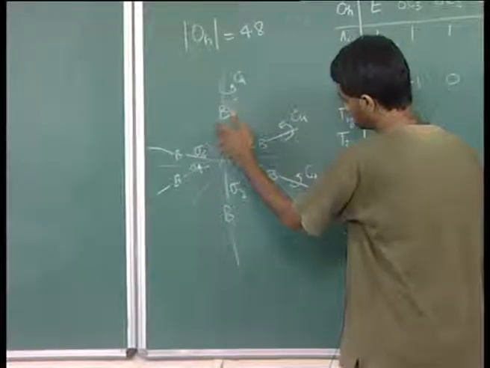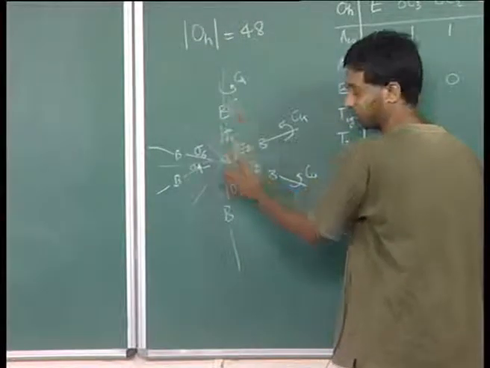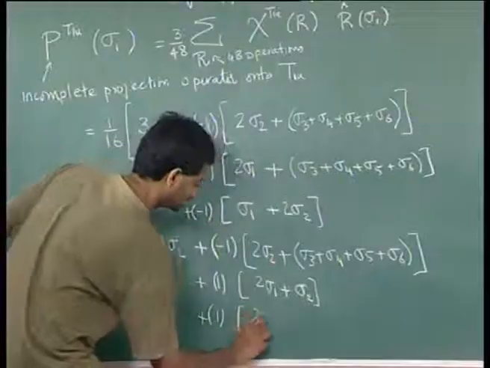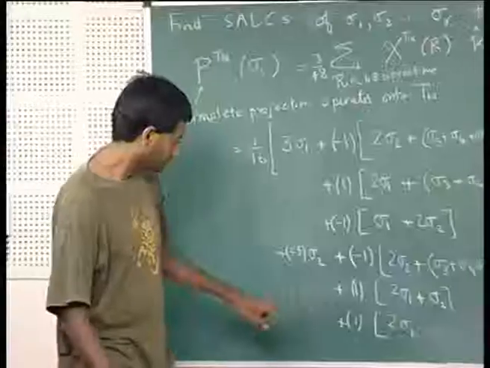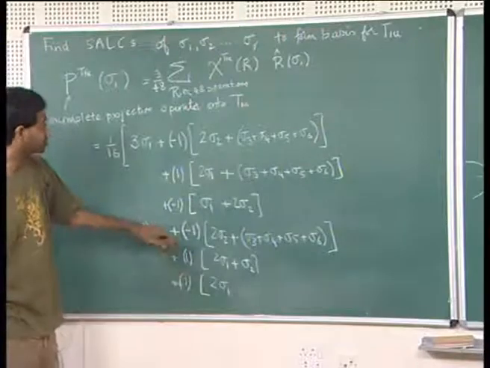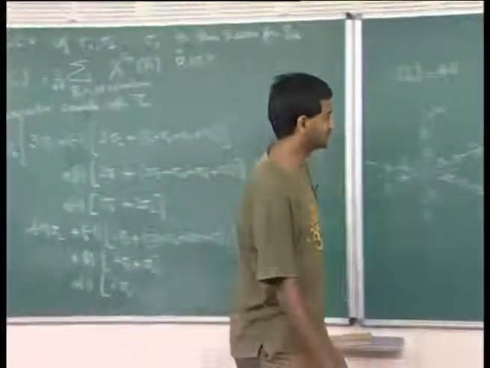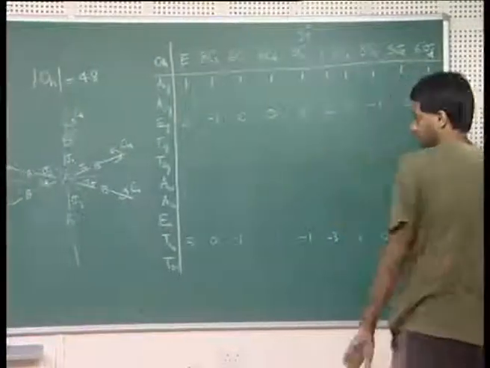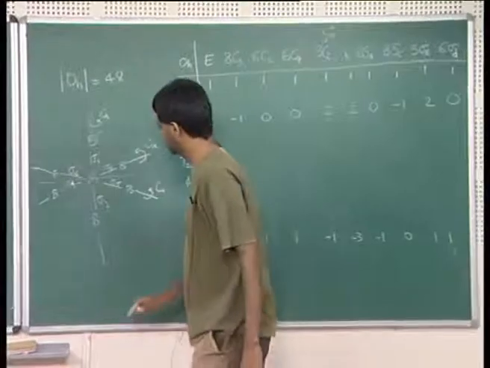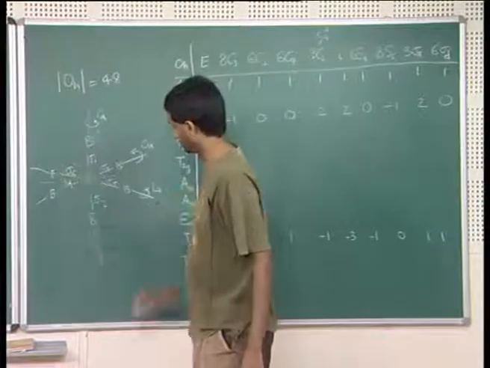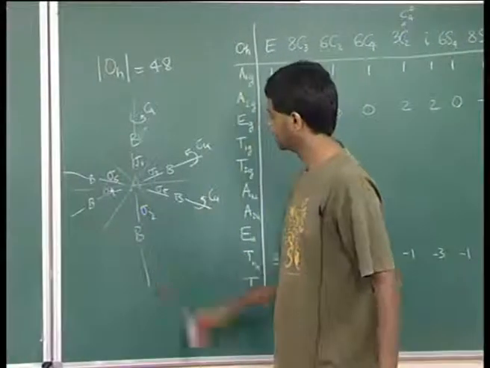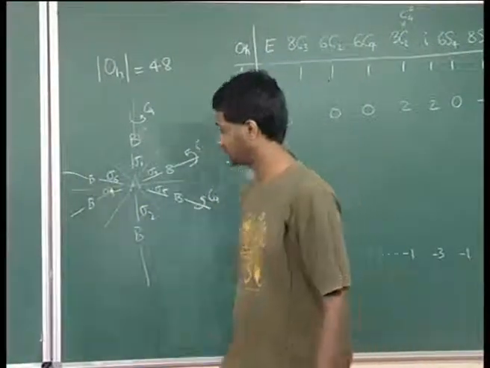The sigma d's correspond to dihedral planes that are in between the various bonds. 2 of them will contain sigma 1 and sigma 2, and they will not affect sigma 1.